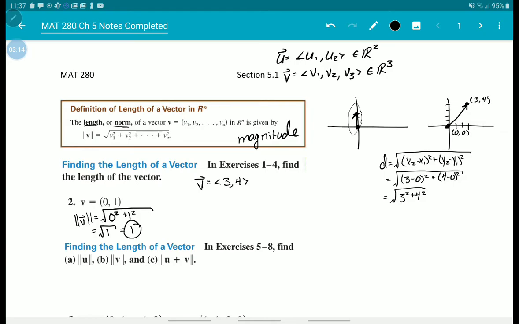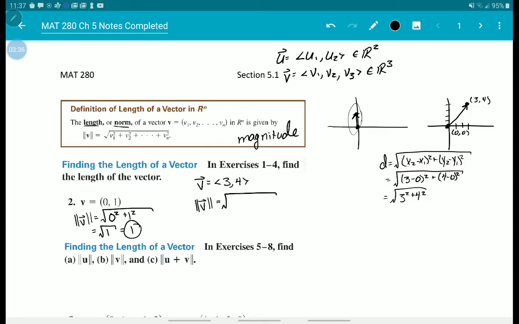Now let's take that same definition we used before for the length and let's apply it to this vector. So if we do that here, our length, and notice the notation we're using for that is like a double absolute value. That always means you're finding the length of whatever vector is listed.